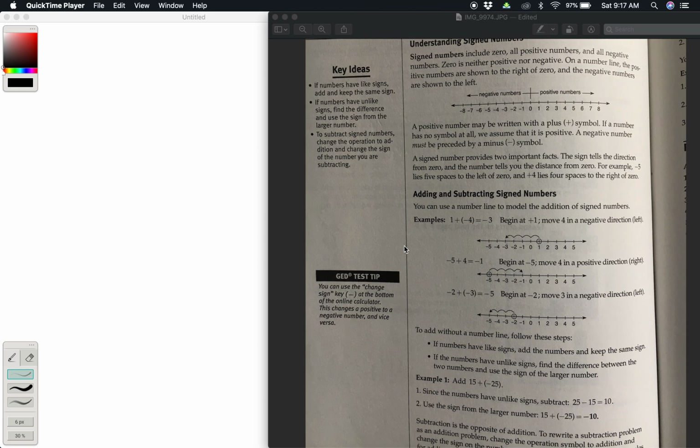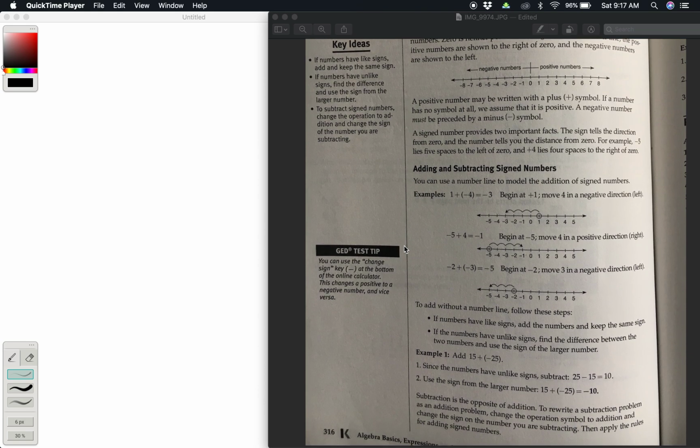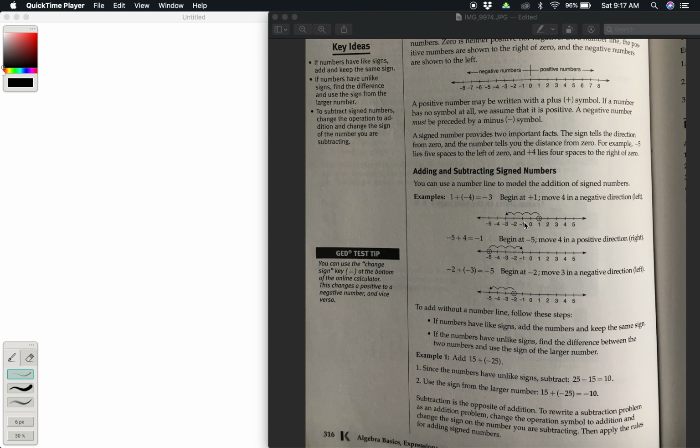Let's go through one of these real quick. Adding and subtracting signed numbers. You can use a number line to model the addition of signed numbers. Example: 1 plus negative 4 equals negative 3.